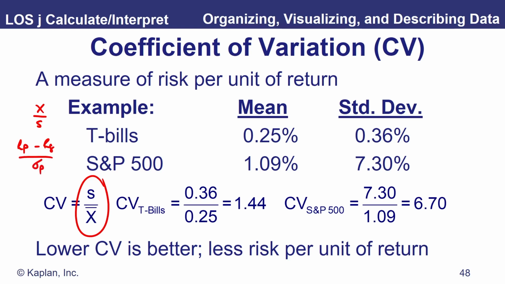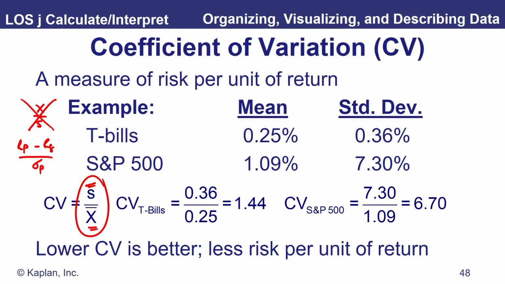Excess return per unit of risk. But here, that is not correct. Notice the correct way is we've got risk on the numerator and mean return on the denominator. So it's actually risk per unit of mean return, not mean return per unit of risk. So don't get it mixed up with the Sharpe ratio is what I'm saying here.